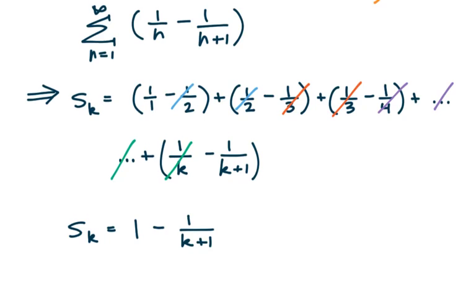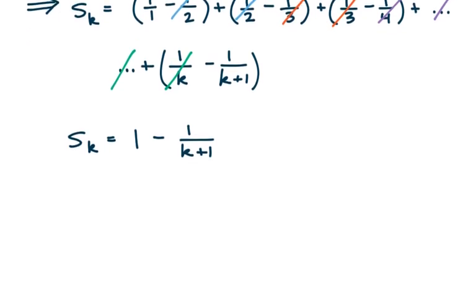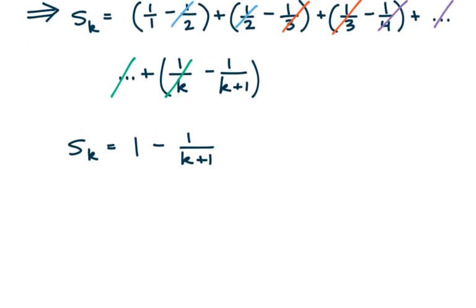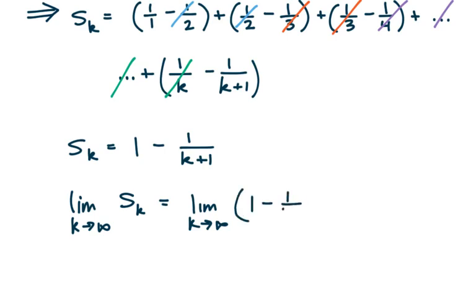So finding the sum, we want to know if this converges. Essentially what we need to do is find the limit as k goes to infinity of S sub k, which is the limit as k goes to infinity of 1 minus 1 over k plus 1.